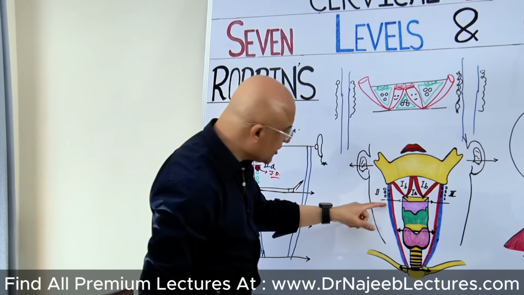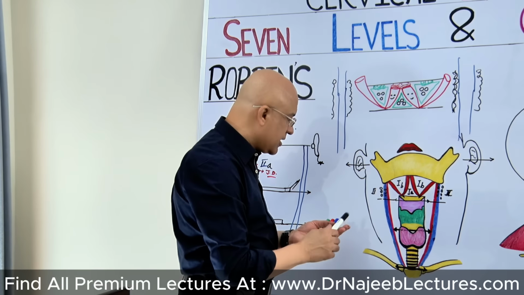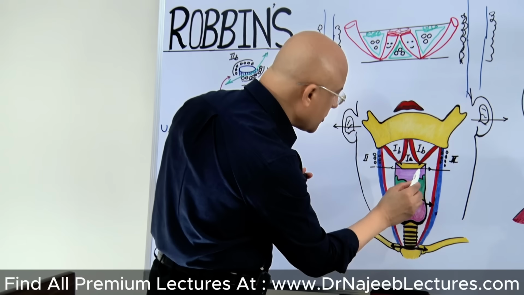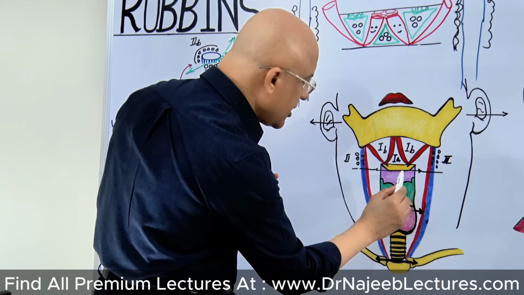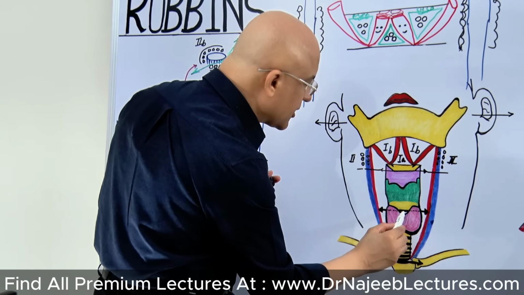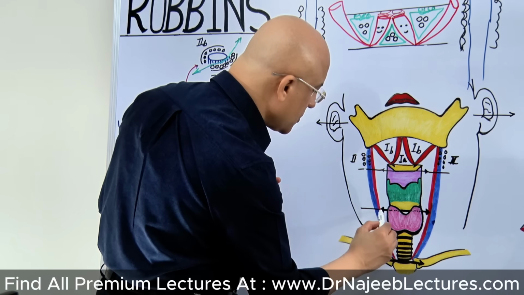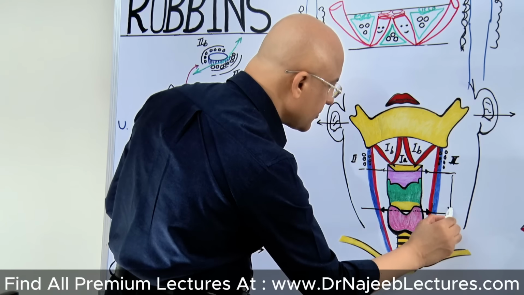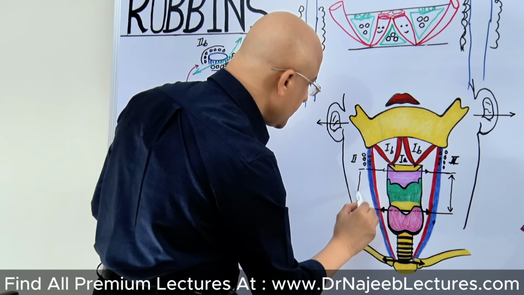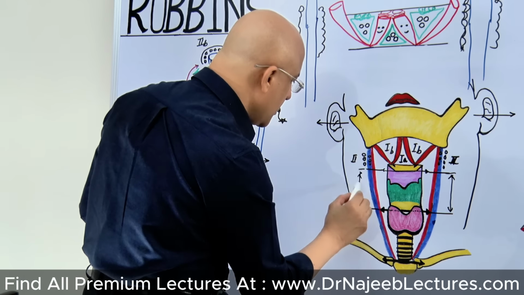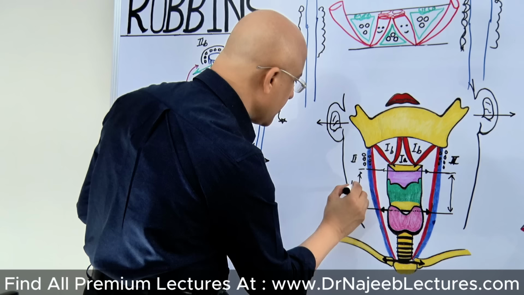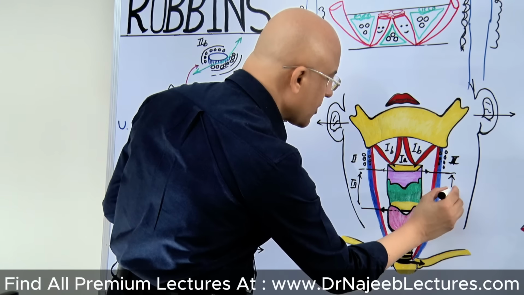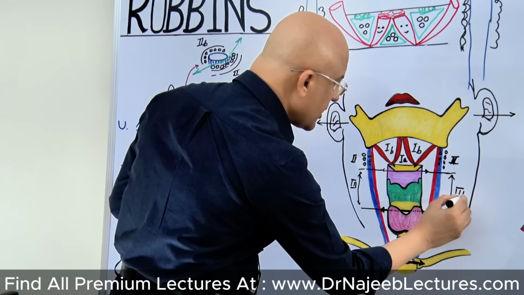Level 3 is basically this one, right? It extends from the hyoid bone inferior border up to the cricoid cartilage inferior border. So you can say this level, right? This is level 3 of the Robbins classification of cervical lymph nodes.